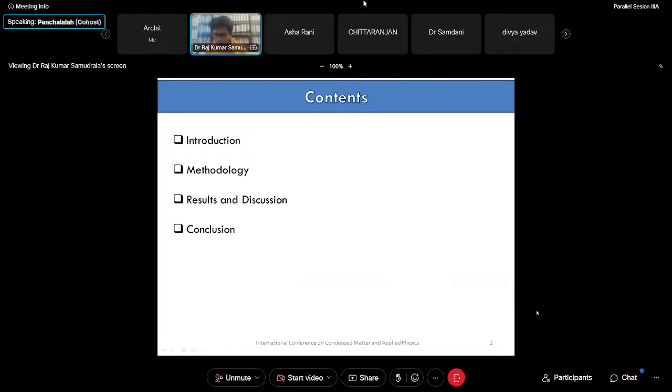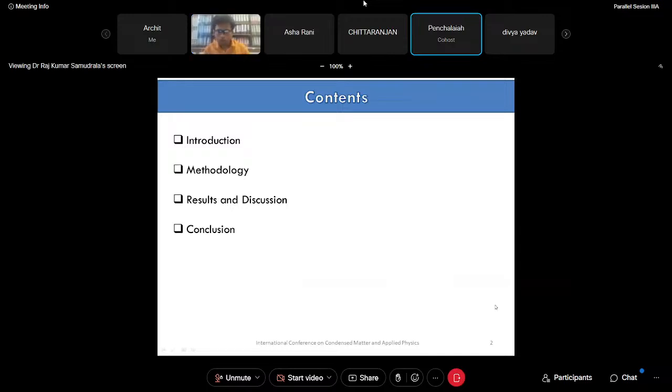Slide is not changing. Press enter. Maybe some network issue is there from your side.